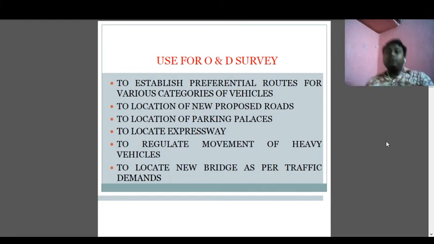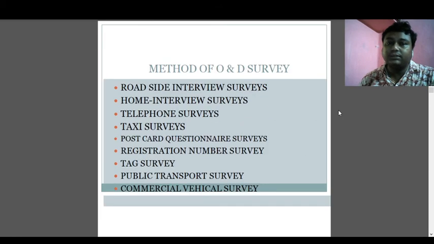Next is the location of parking places, to locate the expressway, to regulate the movement of heavy vehicles, and to locate new bridges as per the traffic demand. So these are the purposes that can be served by this O&D survey.